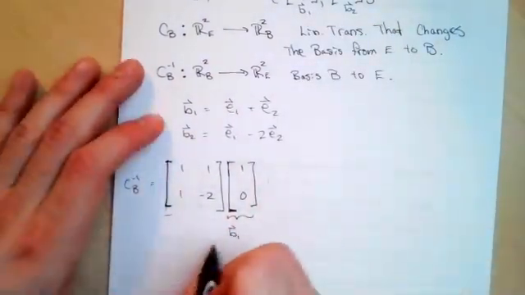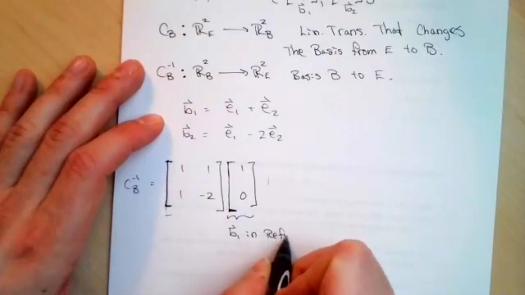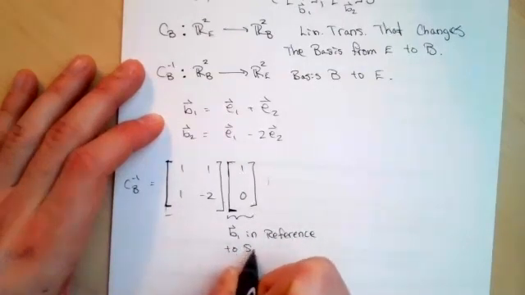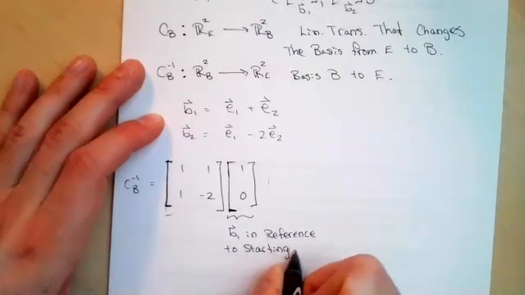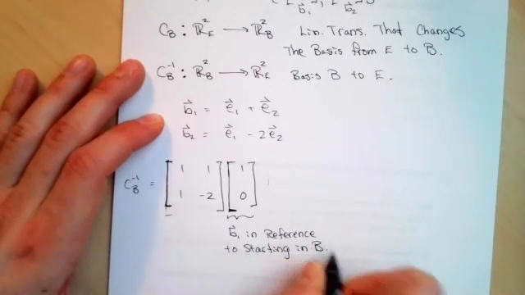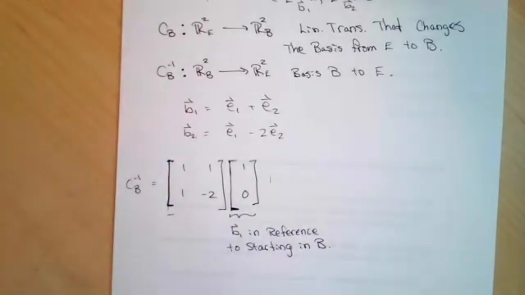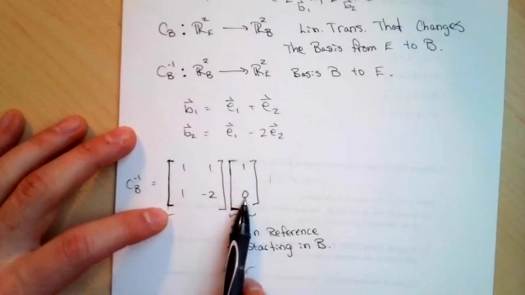Why does it look different? Because we are starting with our basis B. So if we're starting with R2 and our basis is B, B1 looks like one multiple of B1, 0 multiples of B2.